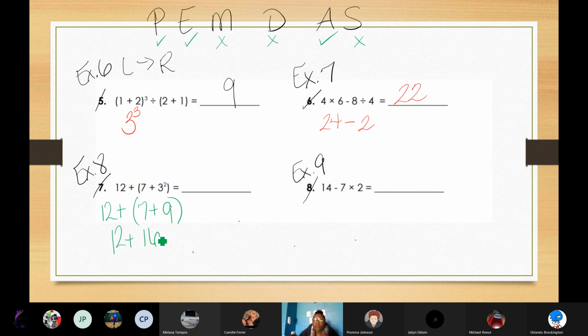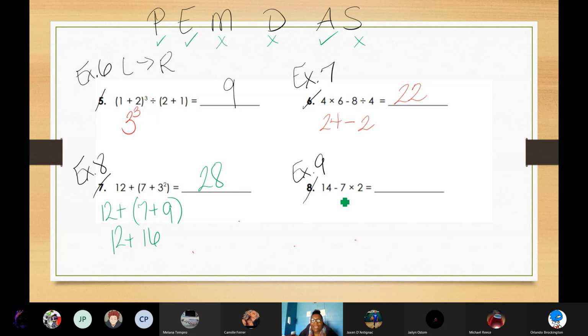And what is 12 plus 16? 28. I feel like they put all the harder ones at the front, at the top. And now we're working with the easier ones at the bottom, which isn't a problem. We need to see the hard and the easy.